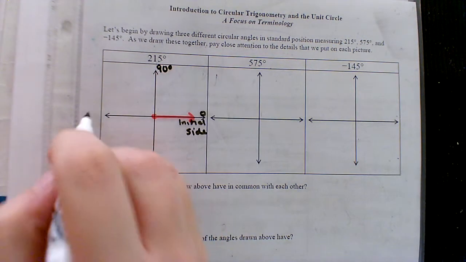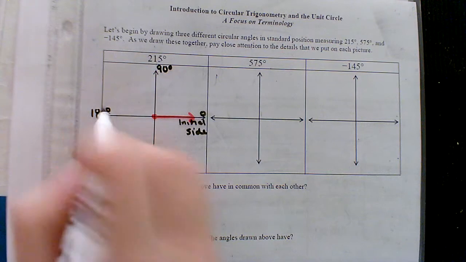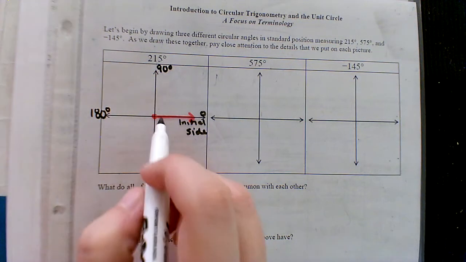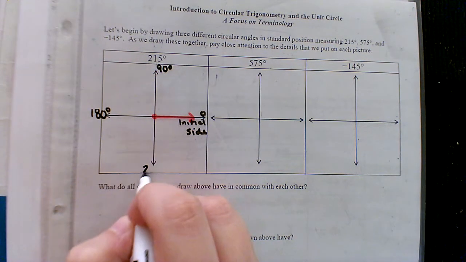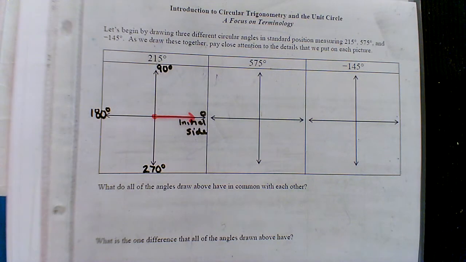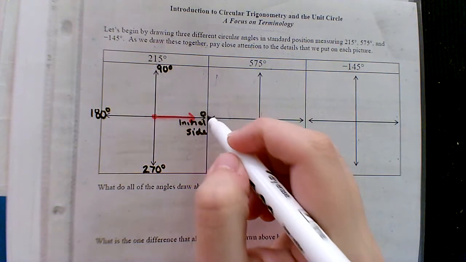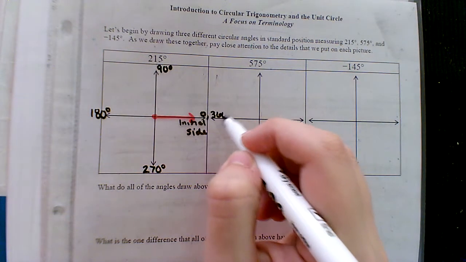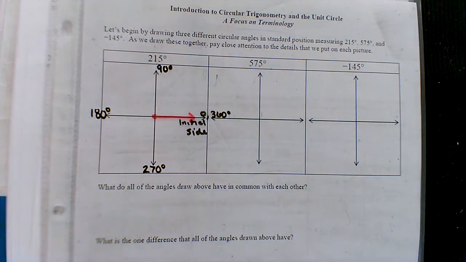If I do half of a circle, that would be 180. If I do 3/4 of a circle, that's 270. And if I do a full circle back to where I start, that's 360 again. So the initial side could either have a 0 degree angle, because that's where you start, or a 360 degree angle if you go all the way around.